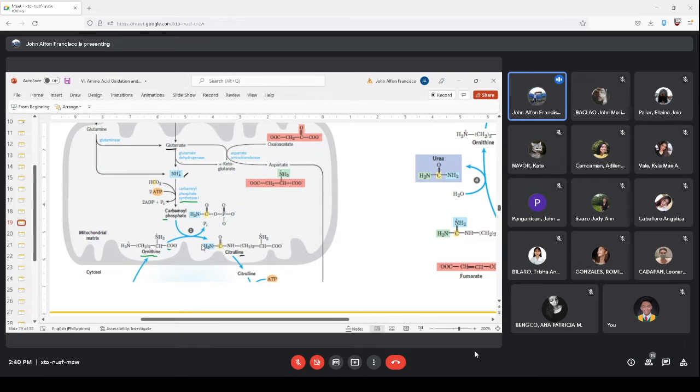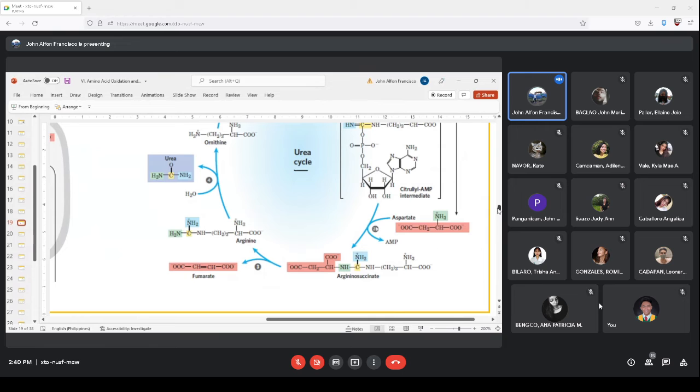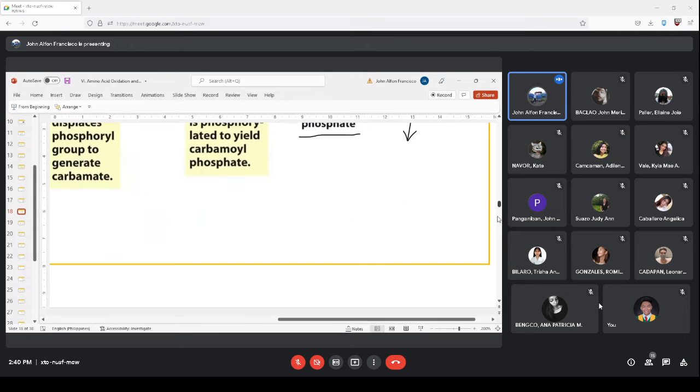Okay? So, ornithine reacts with carbamyl phosphate. So urea cycle para siyang citric acid cycle. So si ornithine naman dito will react with carbamyl phosphate to form your citrulline. So citrulline now is allowed to exit the mitochondria.